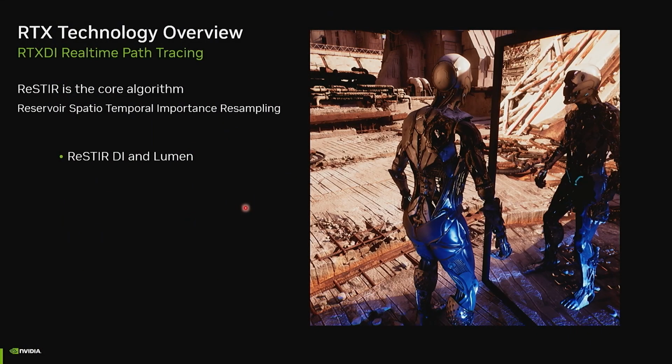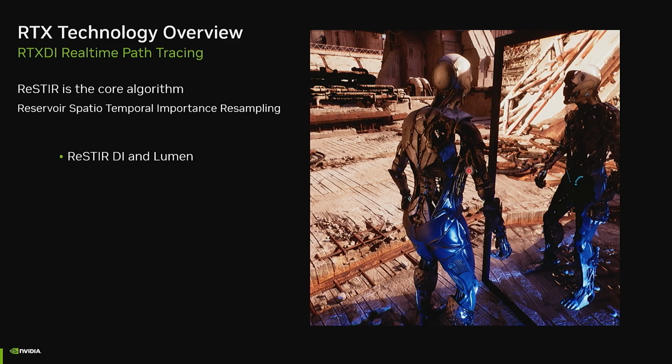So first off, when you just enable it in the project, that gives you the first level of ReSTIR, which is the direct illumination portion. Here I have a simple scene: just this robot character standing in front of a full mirror. It's a Lumen-lit scene, with Nanite geometry everywhere.